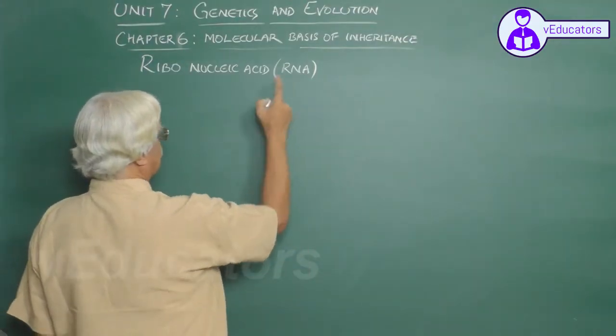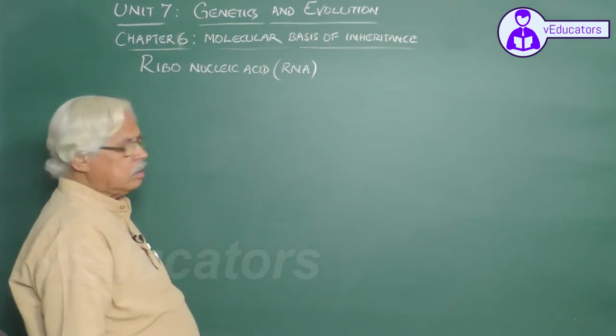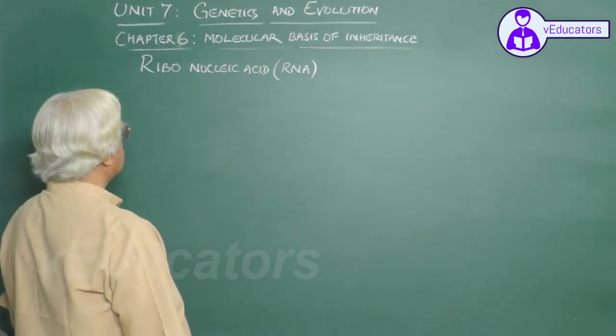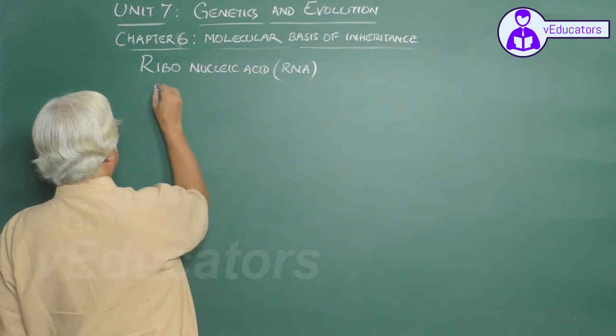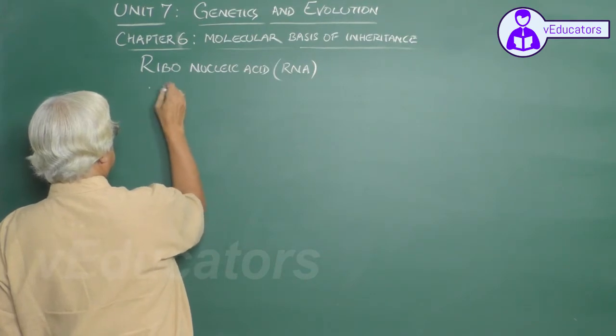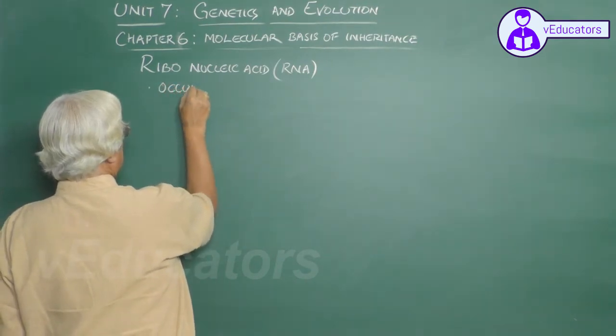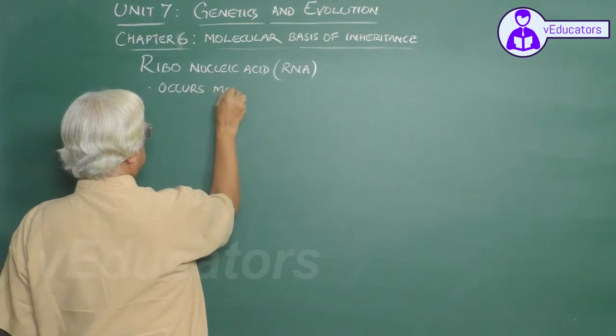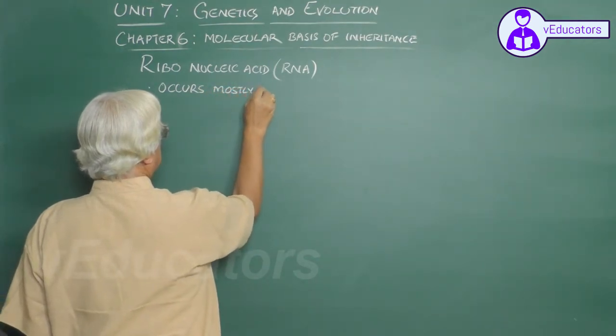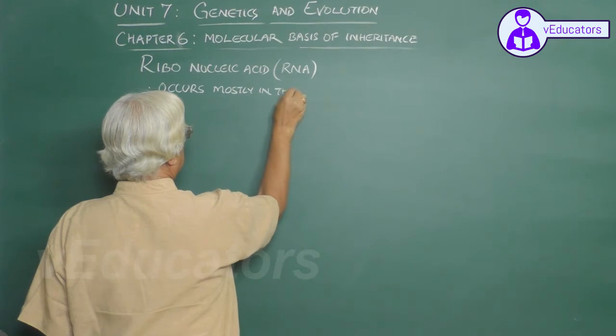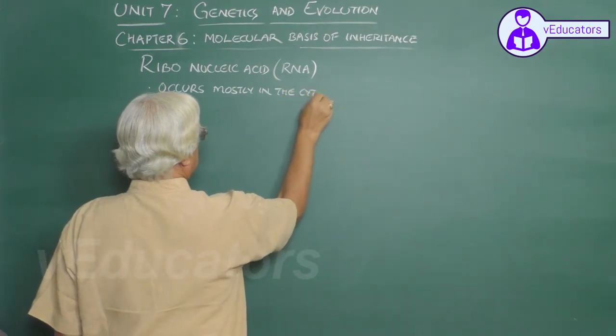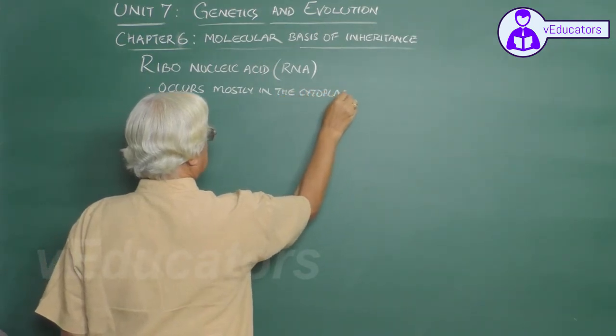Ribonucleic acid is another important nucleic acid found in the cell. It occurs mostly in the cytoplasm of the cell.